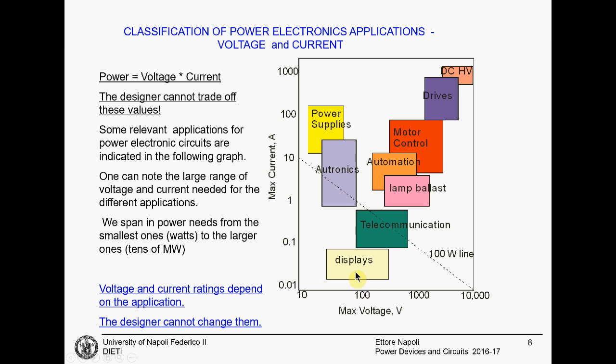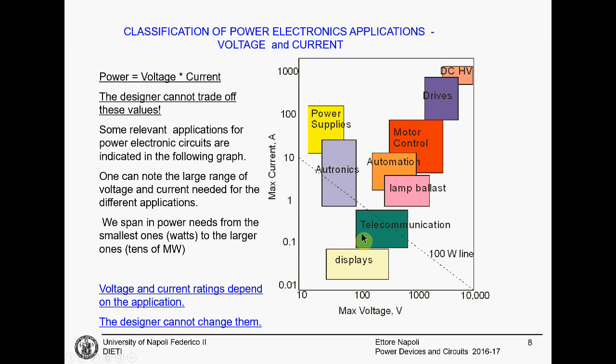There are some applications like displays that have low current and high voltage, and also power supplies that have low voltage and a lot of current. Think of the power supplies for our desktop computers, where the voltage is around 100, 200 volts, and you have 100, 200, 300 watts.